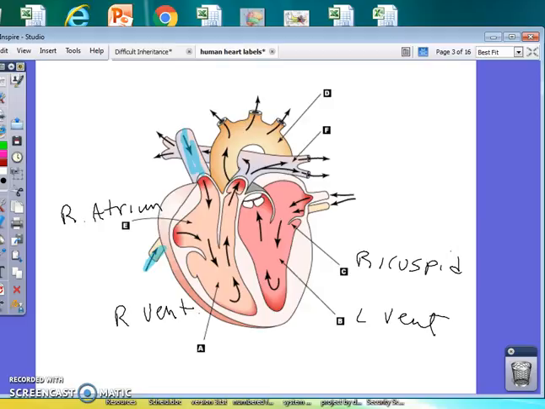And the blood vessels that I've drawn in there are called the vena cava. So down here you've got the inferior vena cava. And this one up here is the superior vena cava.